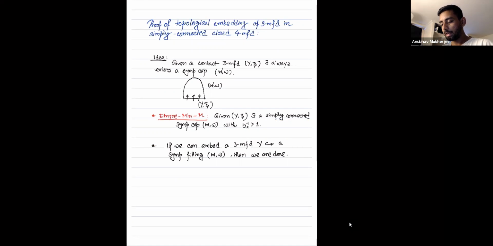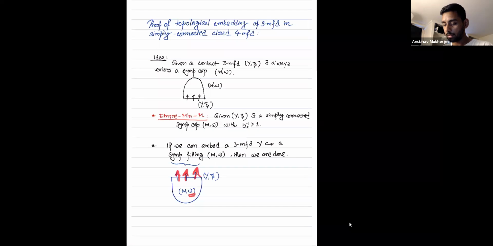Now, if we can embed a 3-manifold Y in a symplectic filling, then we are done. A symplectic filling means a 4-manifold with boundary, the particular 3-manifold I'm interested in, and now the symplectic structure is pointing outwards.